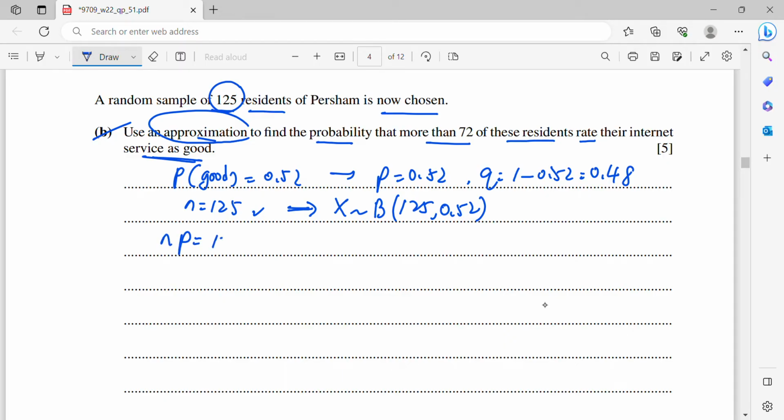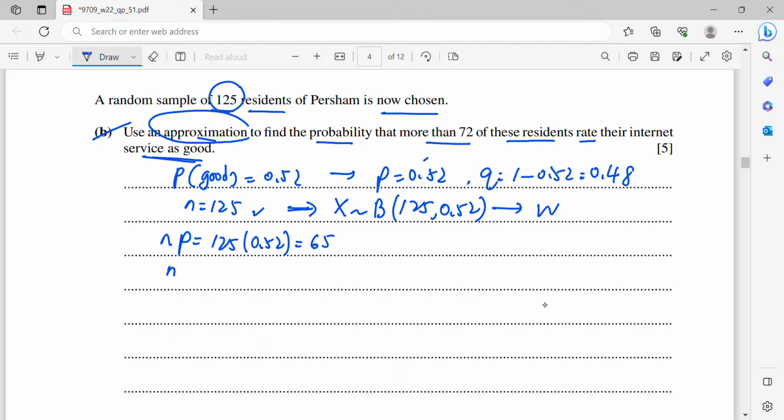So my np is going to be 125 times 0.52, which is 65. Okay, so it is greater than 5. And by inspection, nq will be greater than 5 as well. Therefore, we are going to approximate this by a normal distribution.